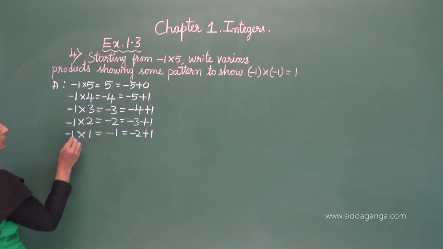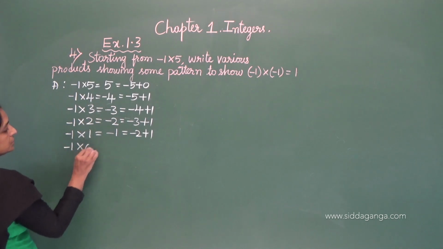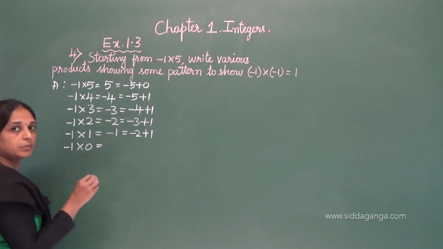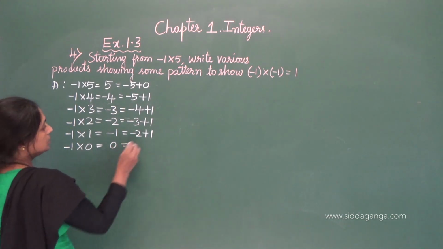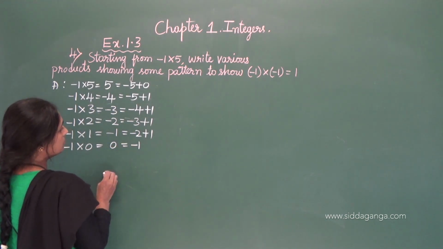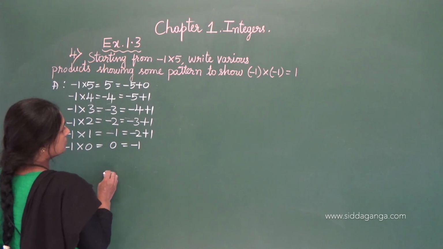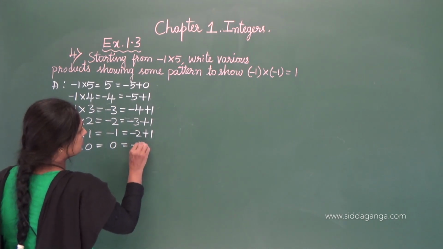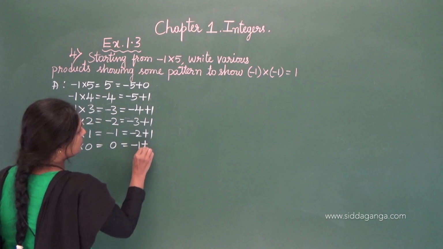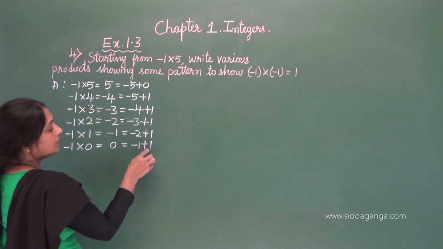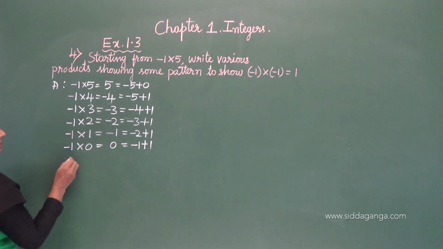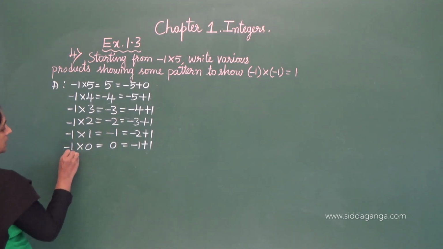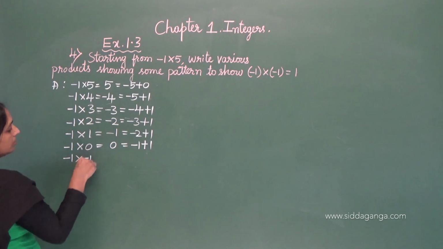Okay, then go to -1 into 0. When we multiply with 0, we get 0 only. That is equal to -1 plus 1, we get 0. Then go to -1 into -1.